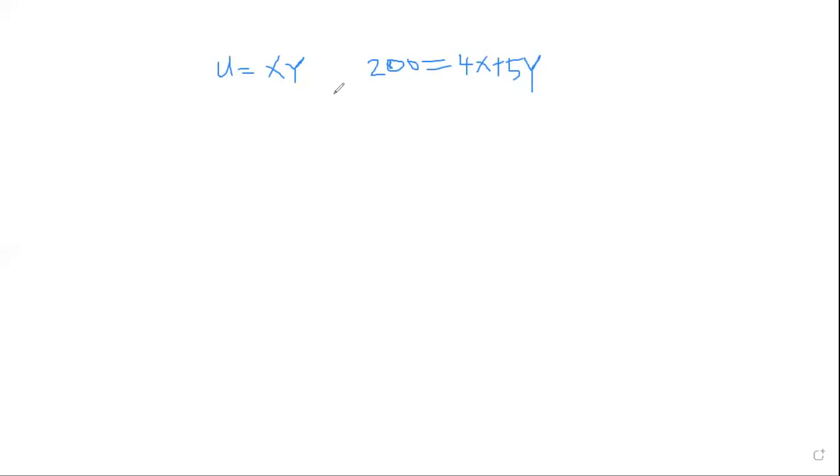So you know that at equilibrium, marginal utility of x over the marginal utility of y should be equal to the price of x over the price of y.